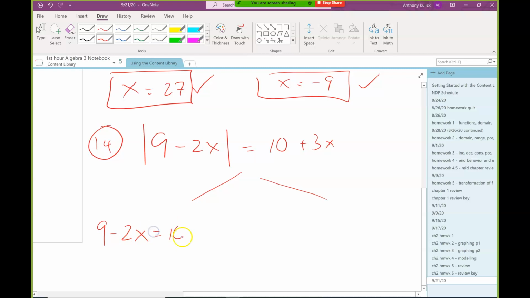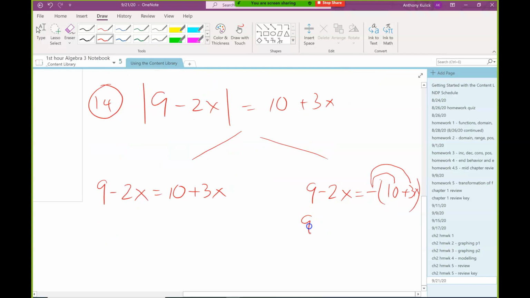So the first equation we get just by dropping the absolute value symbols. The second equation, we drop the absolute value symbols and we negate the right-hand side. Probably the place that's easiest to make our mistake here is just negating the 10. But when we have a negative sign applied to an entire quantity like that, we know the negative has to distribute.